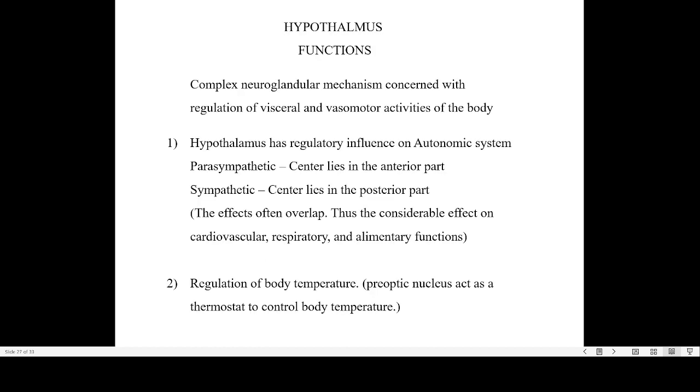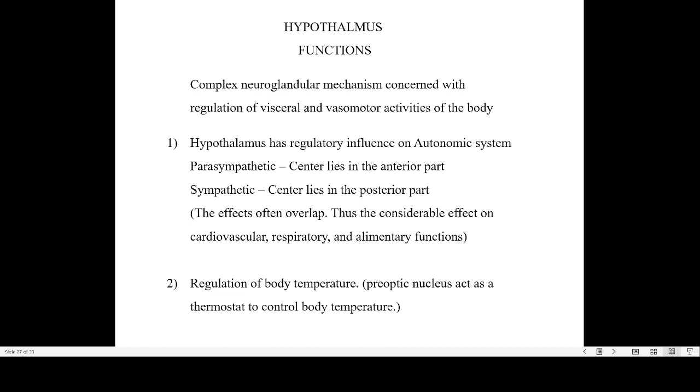Functionally, it is a complex neuroglandular mechanism concerned with the regulation of visceral and vasomotor activities of the body. The hypothalamus has regulatory influences on the autonomic system, that is parasympathetic and sympathetic.